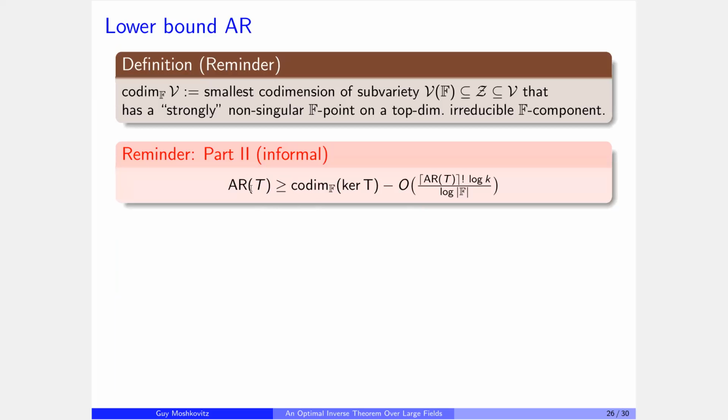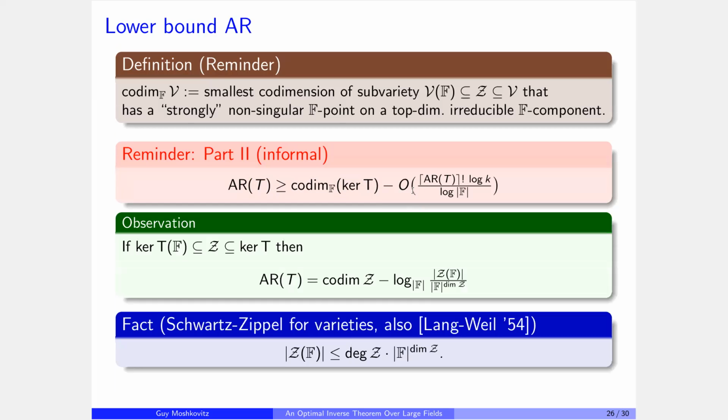The second part is a lower bound on the analytic rank by the same quantity. And this goes back to a somewhat subtle iterative process to find this variety Z, while also controlling how complicated this variety gets over the iterations.